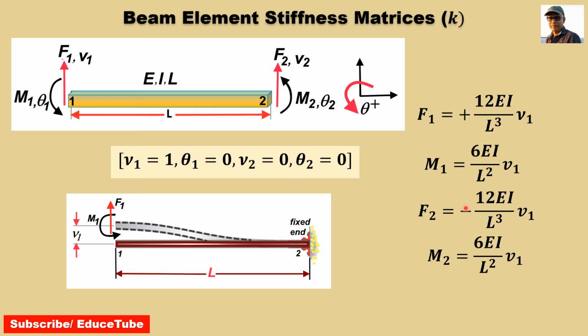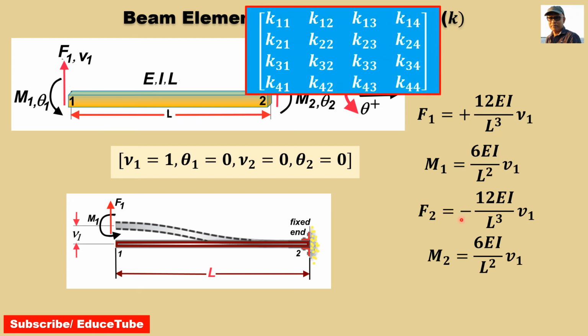These 4 elements constitute the first column of matrix K. Say this is the matrix we are intending to get. So our first column is K11, K21, K31, K41. These 4 elements constitute the first column of this 4 by 4 matrix.